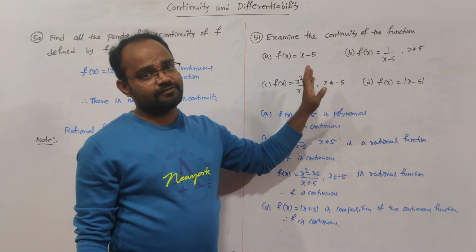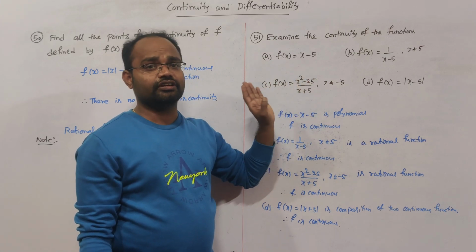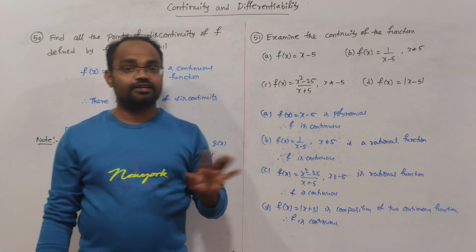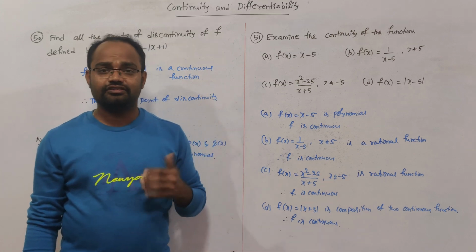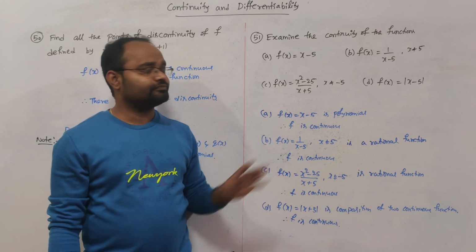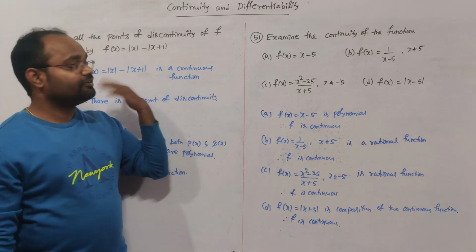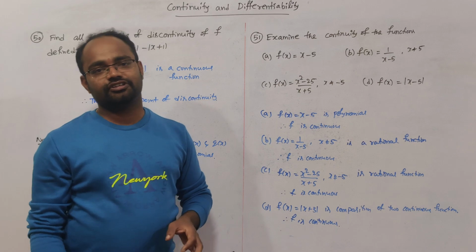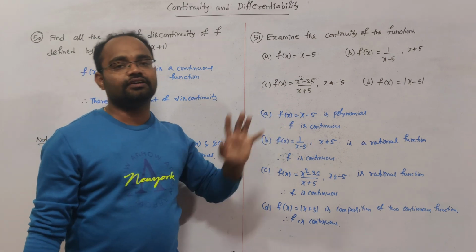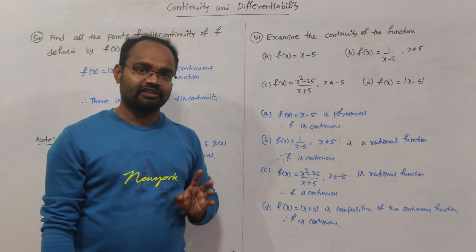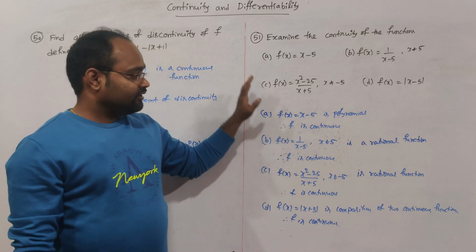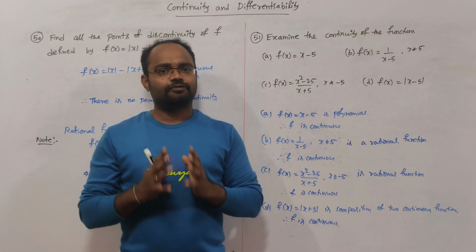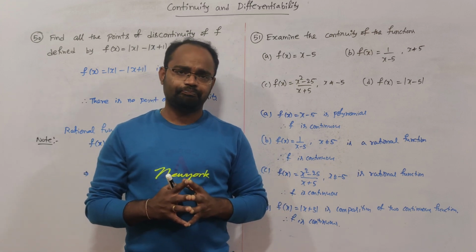Polynomials are continuous, rational functions are continuous, modulus is continuous, and other functions, greatest integer and signum functions, are discontinuous. These are the standard results you can remember. For other cases we can check like the previous cases. If we have points of separation, check at the points of separation and verify whether the function is continuous or discontinuous, right? So I think I have completed almost all types of questions from the NCERT textbook.